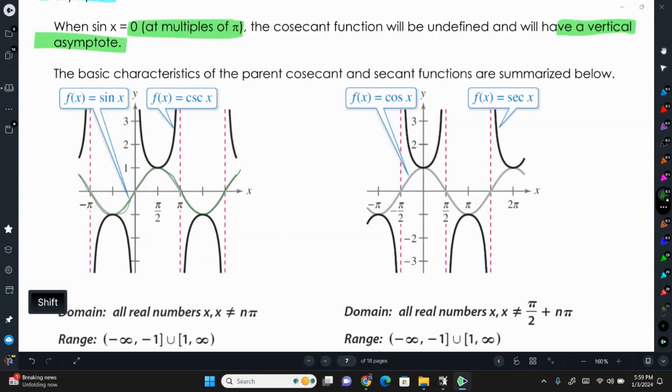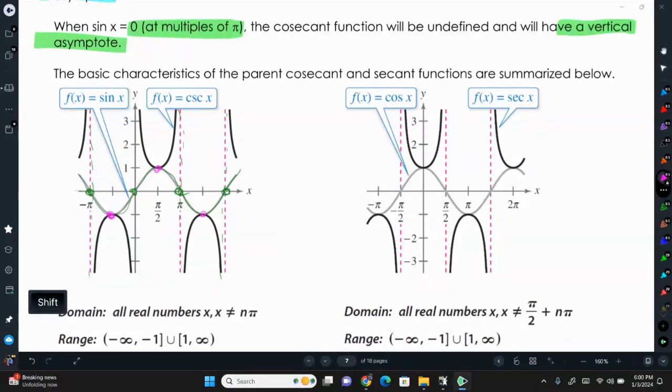A couple things I want to note, and we're going to review them again when we actually graph these: whenever this sine graph crosses our midline, in this case the x-axis, we have these asymptotes. And whenever we have a minimum or maximum on the sine graph, we have a minimum or maximum of a parabola.